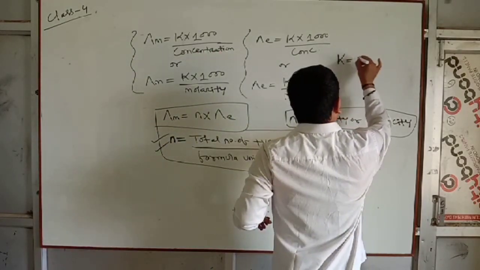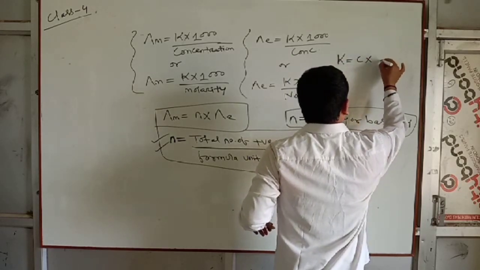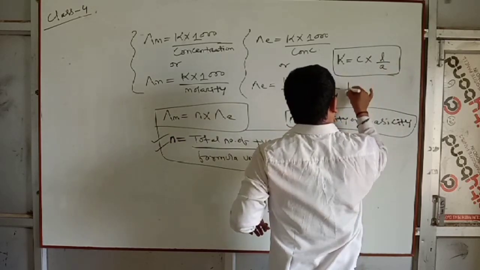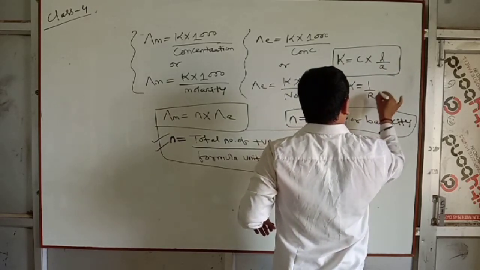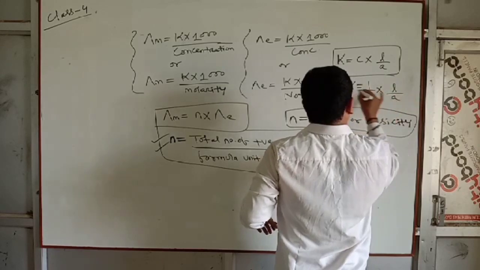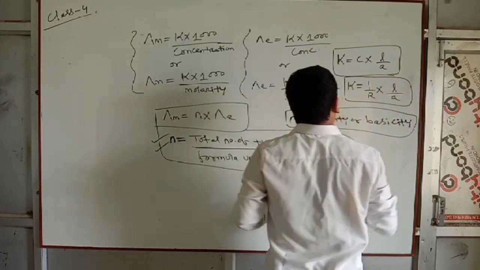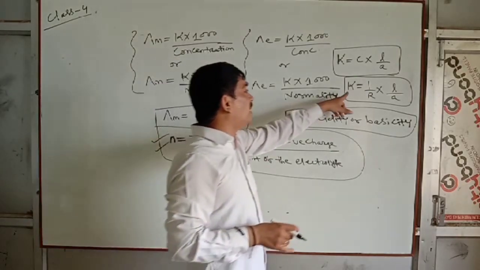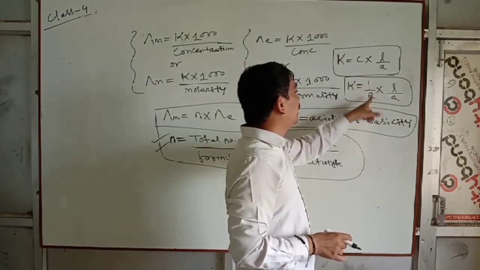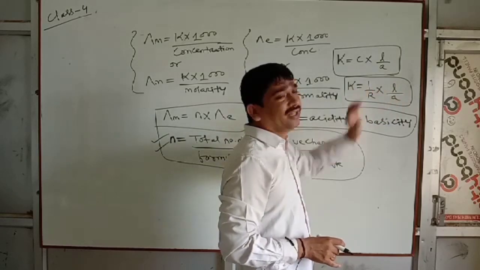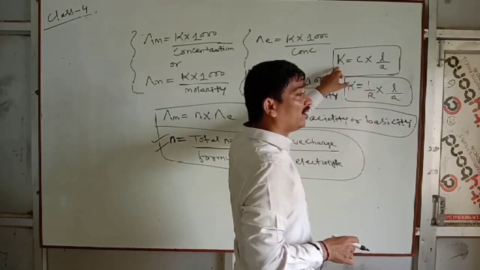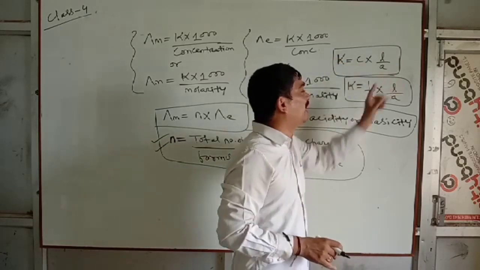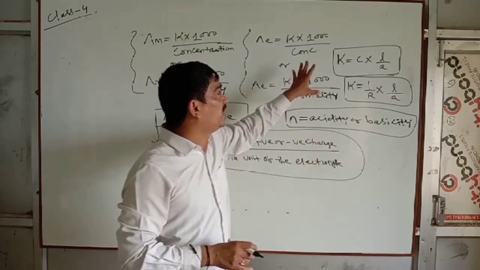For specific conductance: kappa equal to C into L by A. This is one formula. Or kappa equal to 1 by R into L by A. This is another formula. Based upon this formula, we will solve the problem. Kappa, specific conductance or conductivity, equal to conductance into L by A, the cell constant.